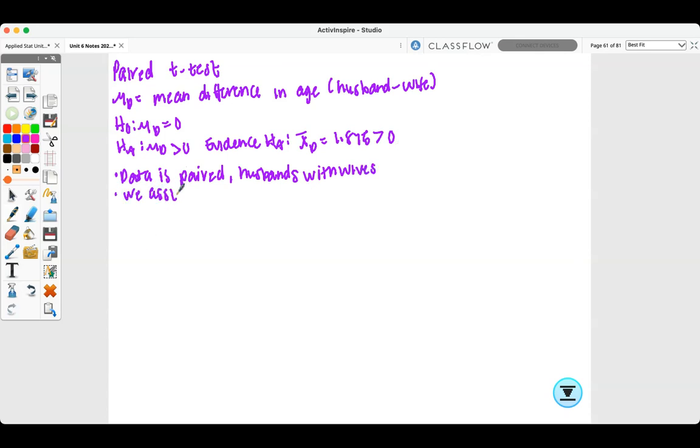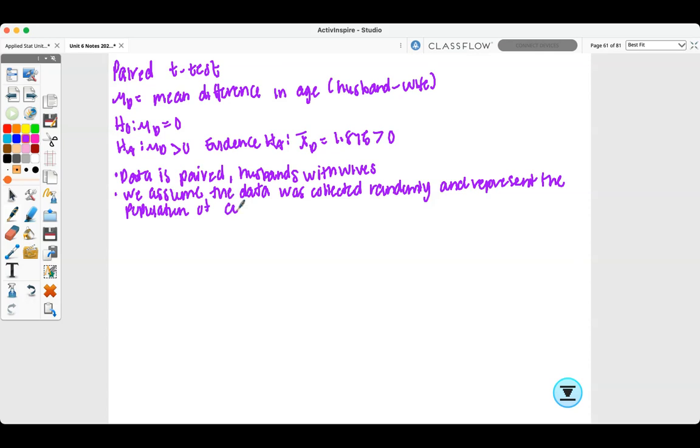We assume the data was collected randomly and represent the population of Cumberland County, Pennsylvania. The NPP is reasonably straight.